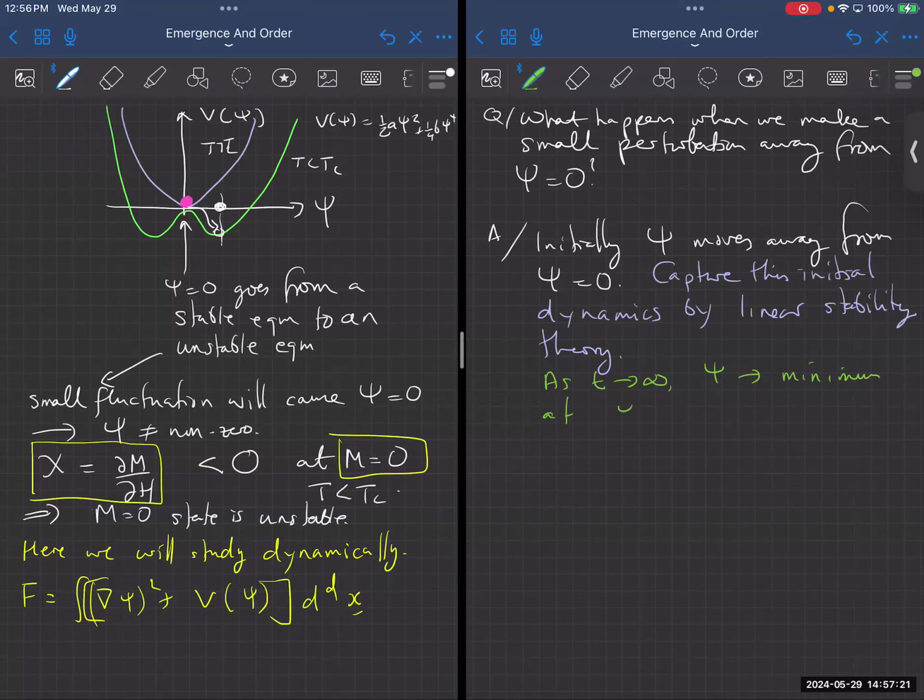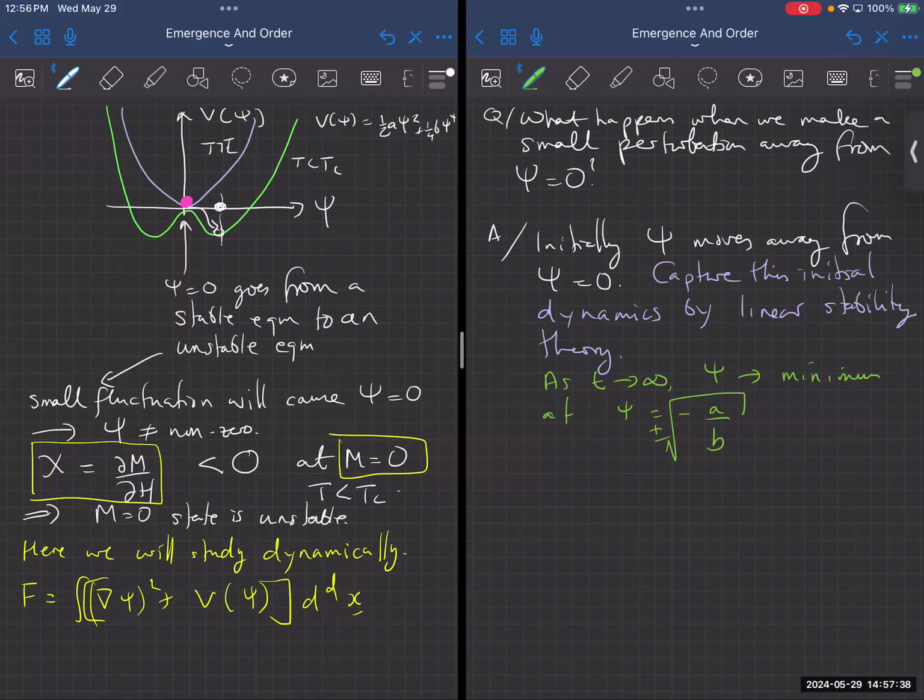And that minimum is equal to what? Psi is the square root of minus a over b, right?